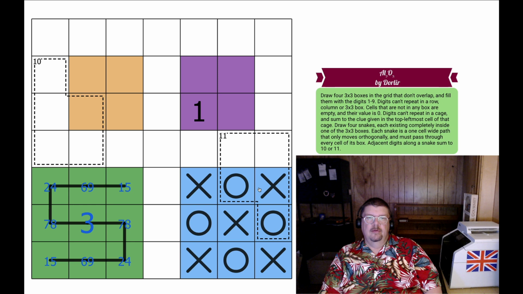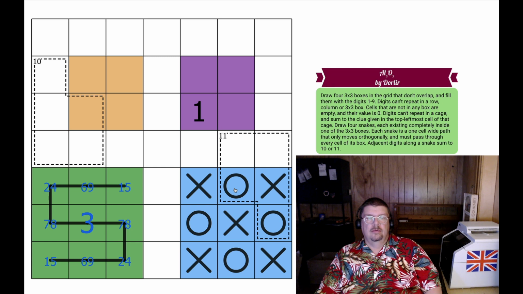So every time I move, I'm changing from one to the next. Now, there are 9 cells in the box, and therefore my snake length is 9.